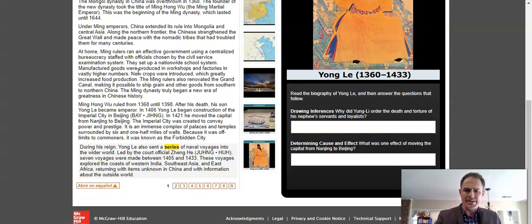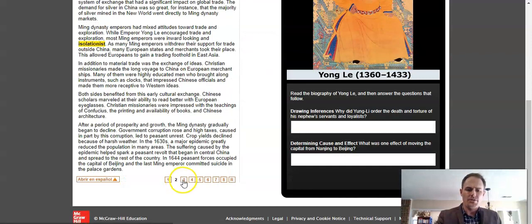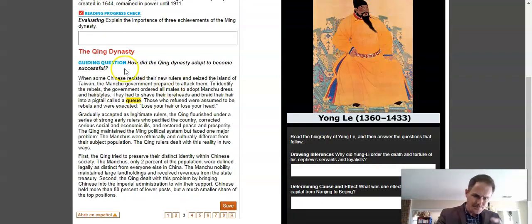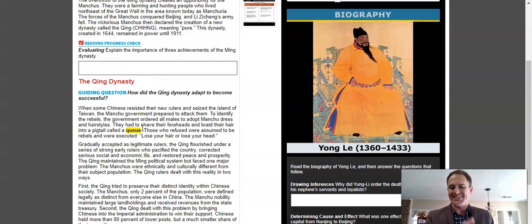So let's see, what else to point out? As you're previewing, you're going to be looking for these headings, and notice right away, like Qing Dynasty, you're like, time to stop reading. Now it's going to talk about the Qing Dynasty.